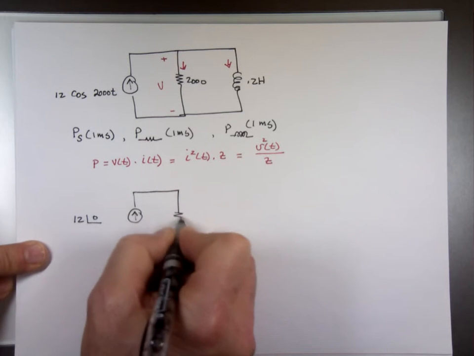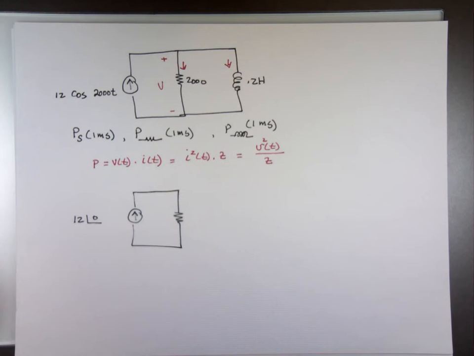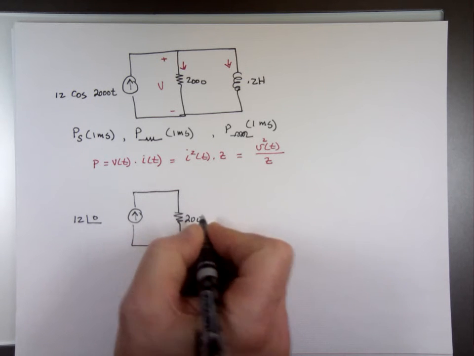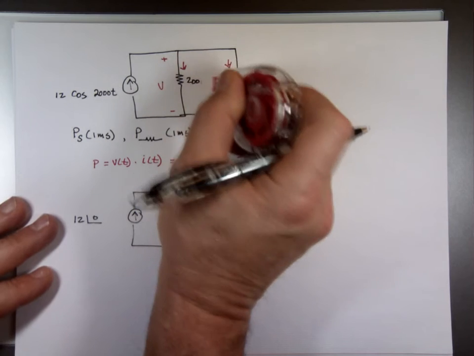Resistor does not change. Is it 2000 or 200? 200 ohm, that was a typo, should have been 200, not 2000. So 200 here.